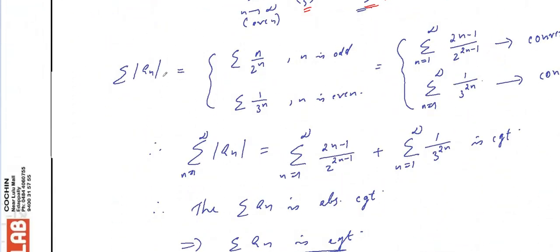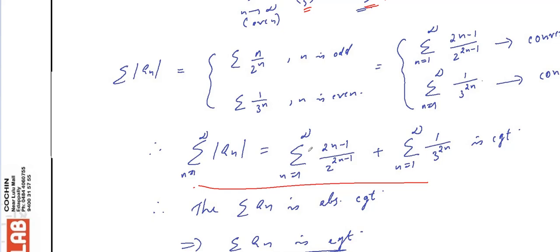Now check for the convergence of the series. What is sigma |a_n|? Actually here we have even and odd terms together, right? Series means you have to add up all the terms.